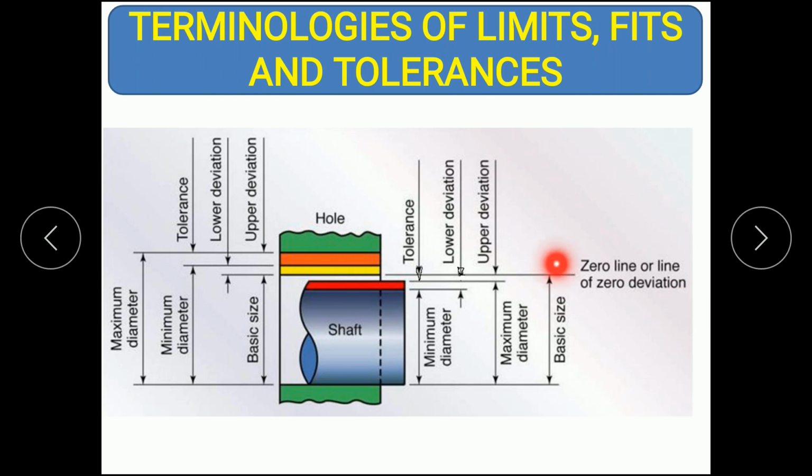Here this is the upper deviation and this is the lower deviation. For the hole, the yellow color is the lower deviation of the hole, and this is the upper deviation of the hole. From the figure it will be more clear.